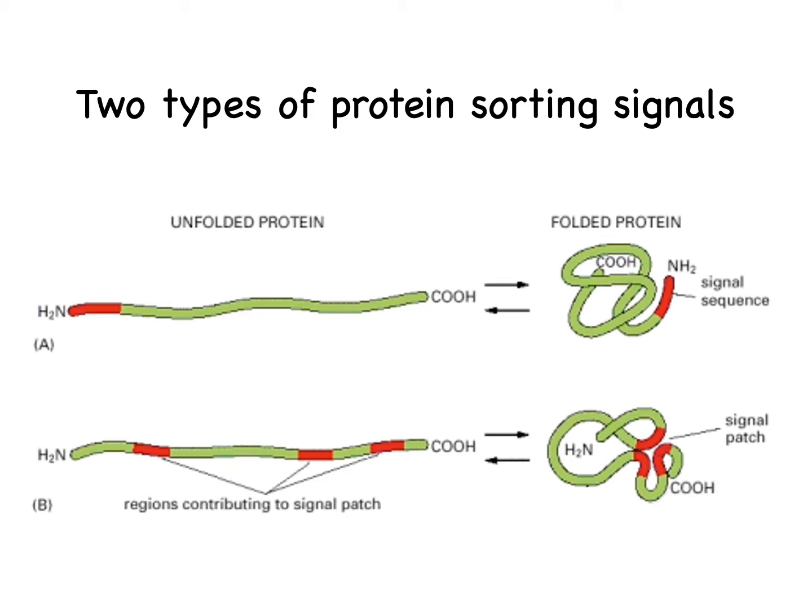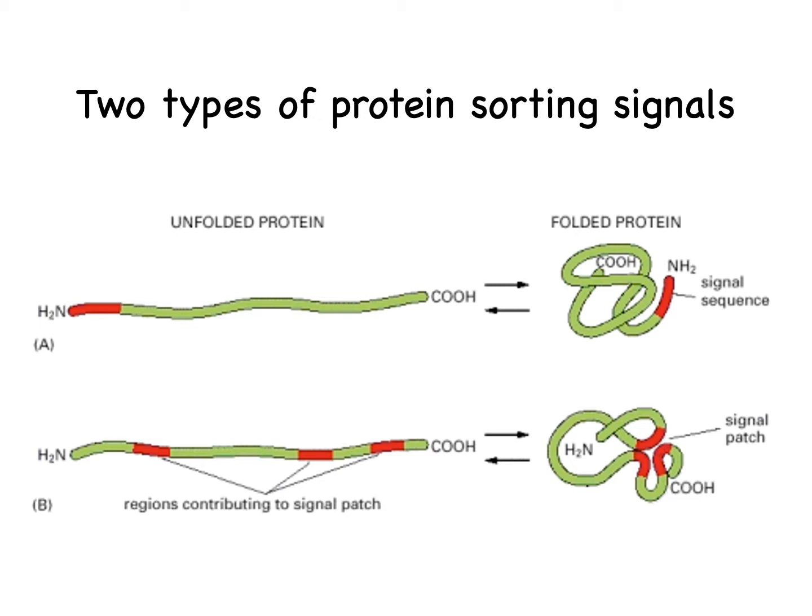Many proteins have a signal at the very beginning, at the amino terminus, that directs them to the surface of a membrane. However, some proteins have an internal sequence that can be, as shown here, parts of it in different regions of the protein, and when the protein is folded, then they come together to form this signal.